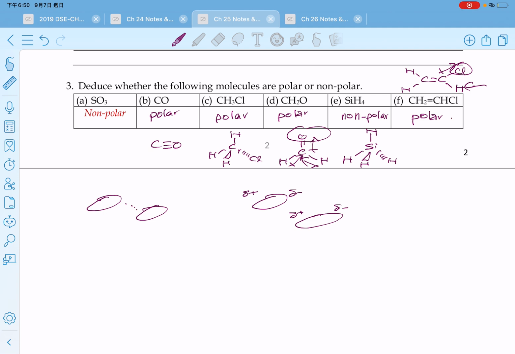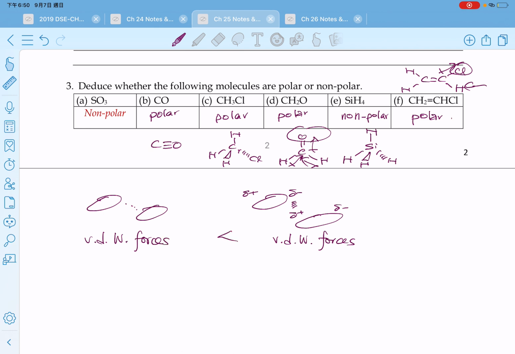They can sense each other. As a result, the attraction will be greater. So the van der Waals force for polar molecules will be higher than that for non-polar molecules.